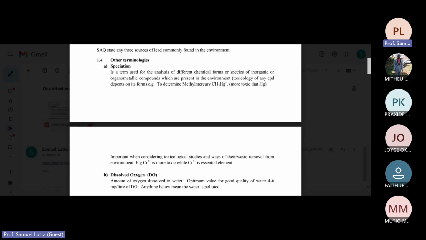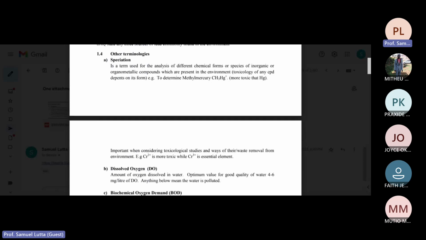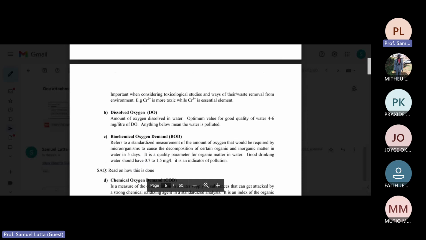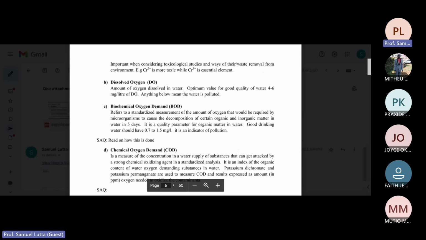Plants can pick them up, and then eventually when we eat these plants, the same can get into our bodies. So I think we need to know speciation talks about the form or the species by which a compound exists in the atmosphere. So we are just revisiting because I think when we were doing this, we might have rushed very fast. So we just want to catch up a bit.